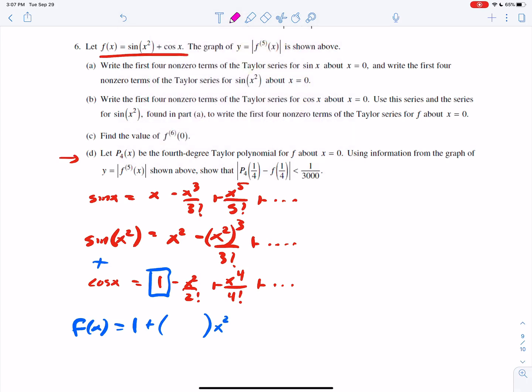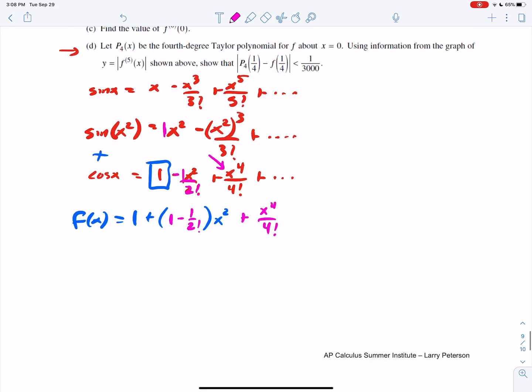There's a 1 and there's a minus 1 over 2 factorial. I'm just going to factor that out. And there's no other 4th degree except this one here, so I'm going to write x to the 4th over 4 factorial.